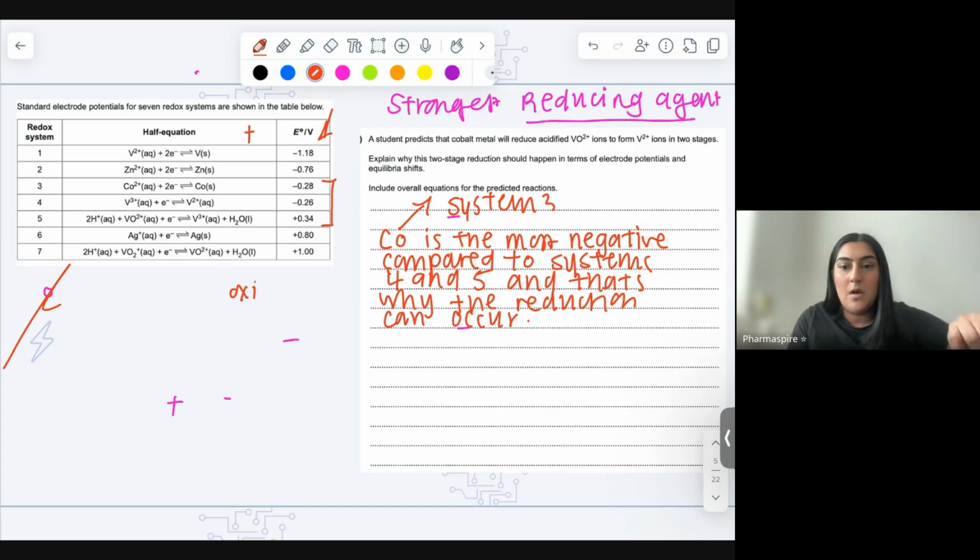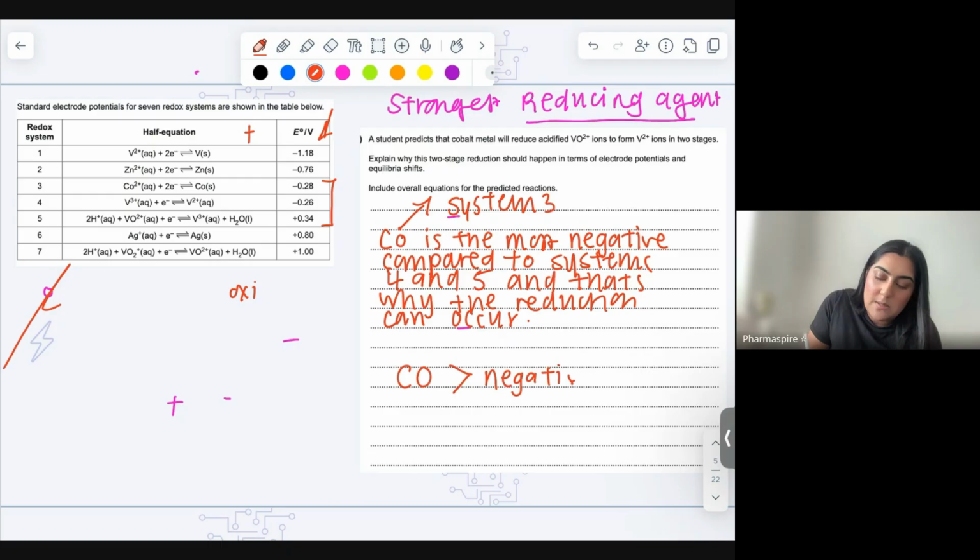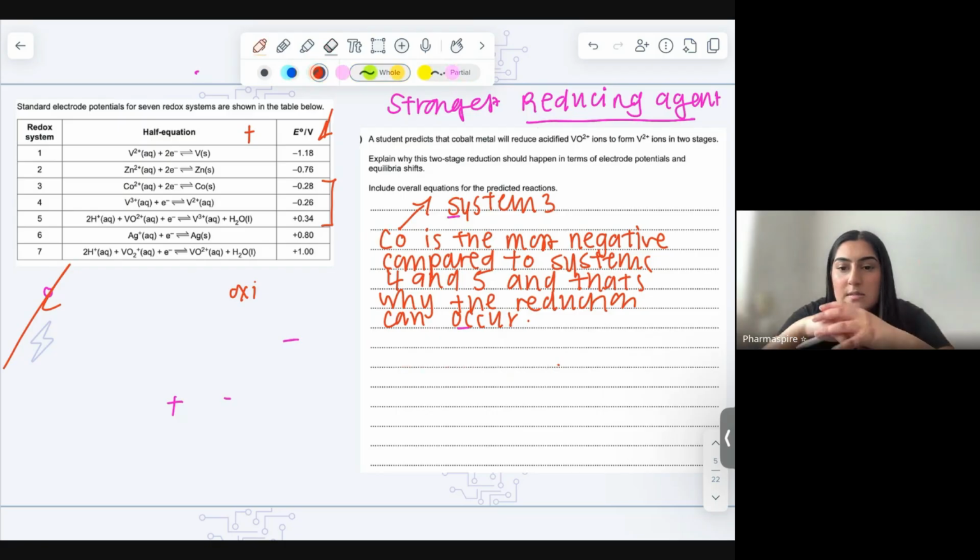Is everyone happy with that marking point? That never changes. Doesn't AQA use inequalities for this? So when you say inequalities, they can just say cobalt is more negative. You can write it as inequalities, but if you word it, it's still the same.